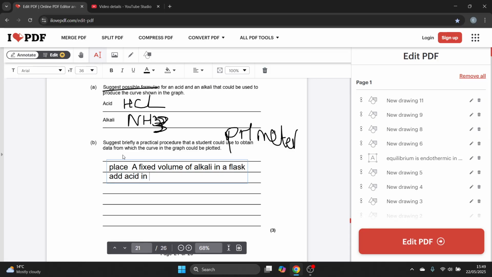Add acid in small portions from a burette. Stir and use a pH meter to record the pH after each addition of acid.